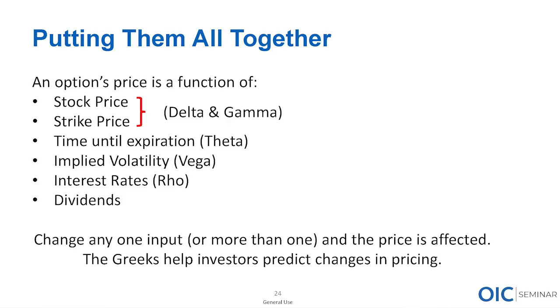Now to put all this together and tie the Greeks in, the option's price is a function of a number of different things. Delta and gamma are comparing stock price to strike price. And as you move on, considering the price of an options contract, you have intrinsic value and extrinsic value.